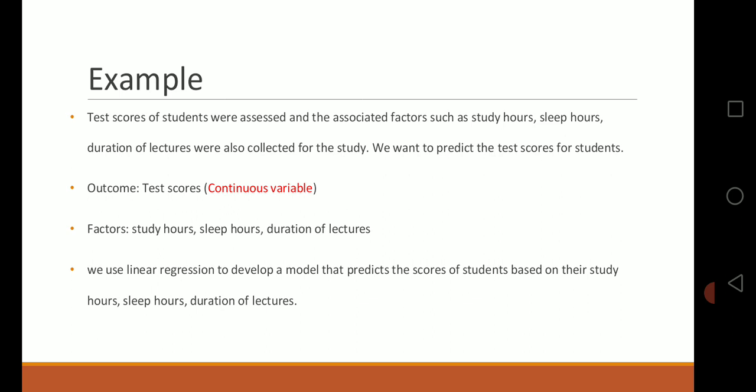Okay, then at this point we know that this is a regression, and which type? A linear regression. Okay. Now we come and see the factors or the predictors. Is it one predictor or more? We have the study hours, the sleep hours, and the duration of lectures. So we have 3 factor variables. This means that it's a multiple linear regression.